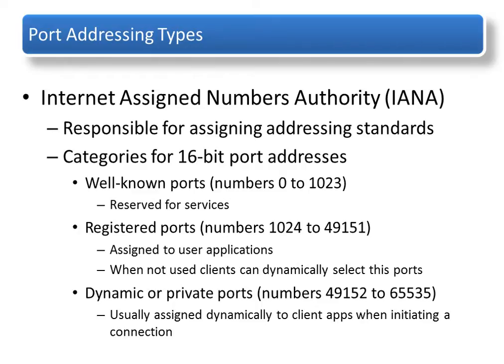Well-known ports are typically used to respond to open services like DNS, HTTP, SMTP, FTP, Telnet, and etc. Registered ports, on the other hand, are typically used by proprietary applications like Kazaa, which uses port 1214. And dynamic ports are assigned to client apps when initiating a connection and stored in the source port field of a segment or datagram header.